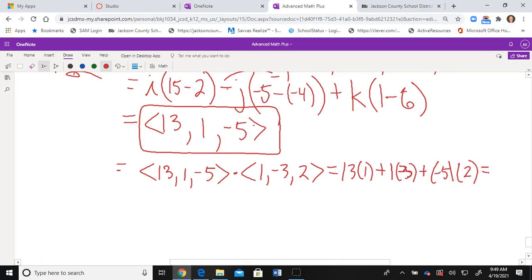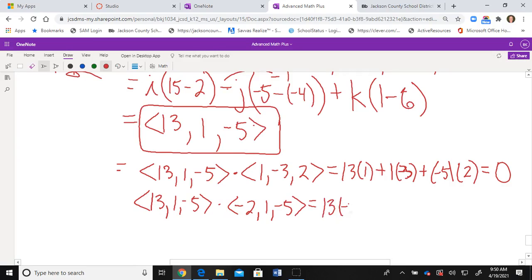And it does. And if it doesn't, something's wrong. Probably. Our other problem, do the inner product with the other vector, negative 2, 1, negative 5. That will be 13 times negative 2 plus 1 times 1 plus negative 5 times negative 5.